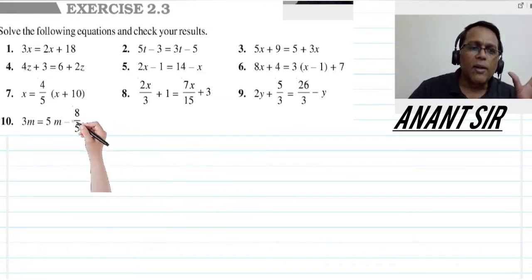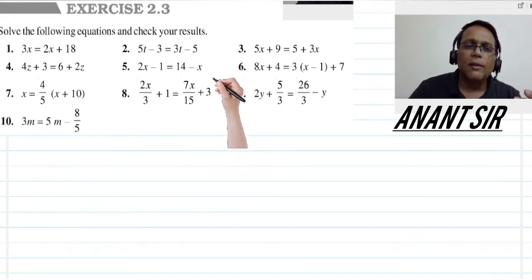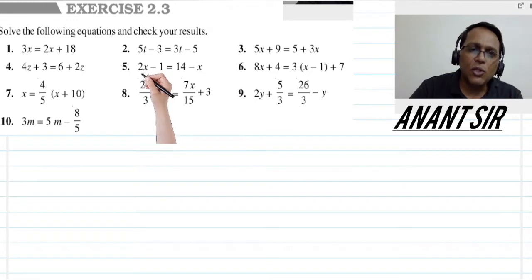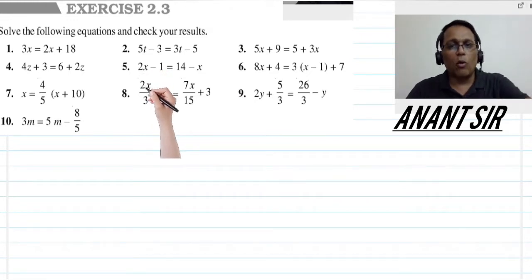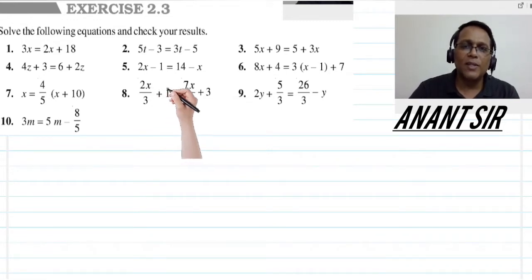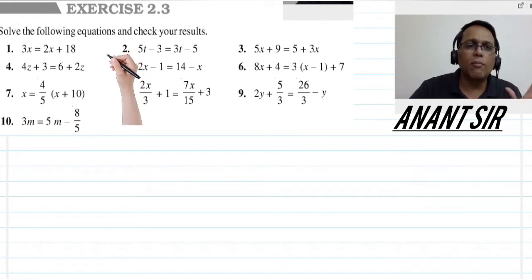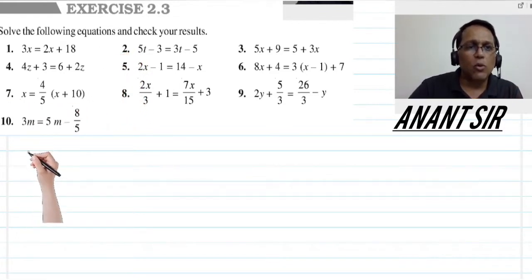What is different in that? The only difference is that, first of all, you have to form the equation like this. And if you are able to form the equation, and you already know how to solve it, then it's very easy to solve the word problems, correct? So first we'll try to solve all the simple equations.